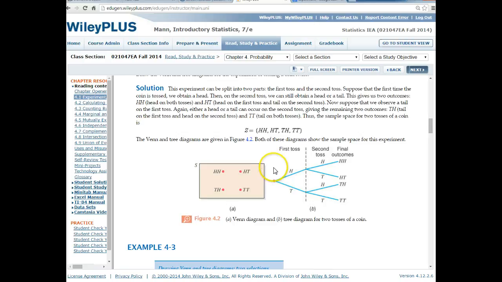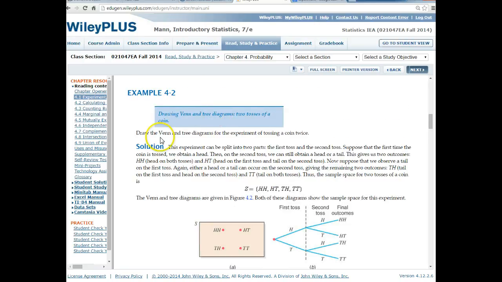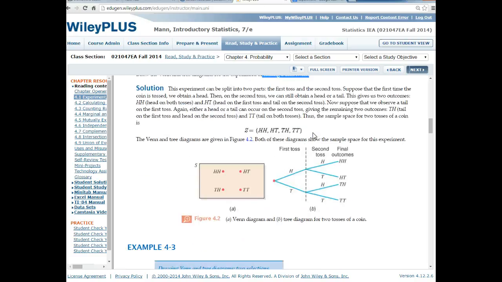But here, suppose we here's a, tossing a coin twice. Okay? Tossing a coin twice, what's the sample space? We said HH, what else? HT, TH, TT. How did they come up with these?